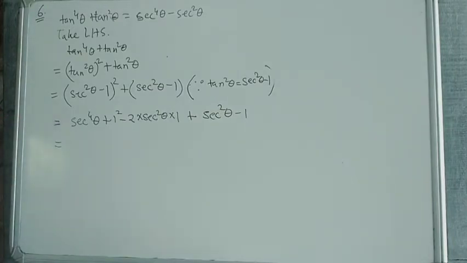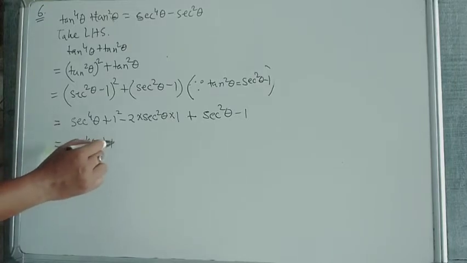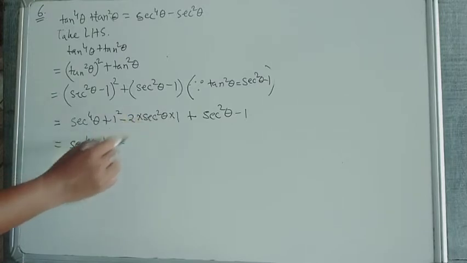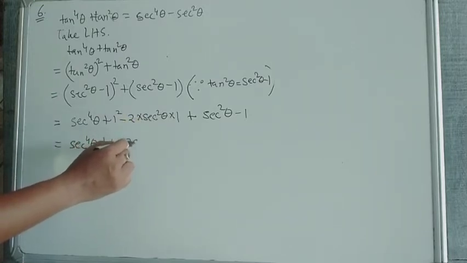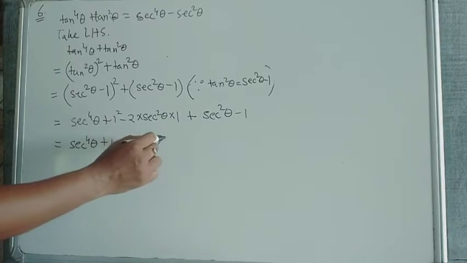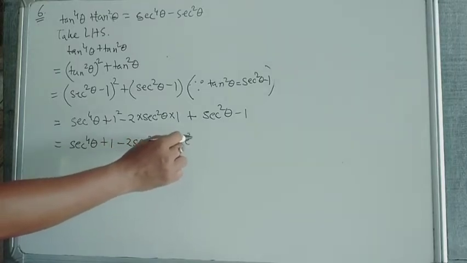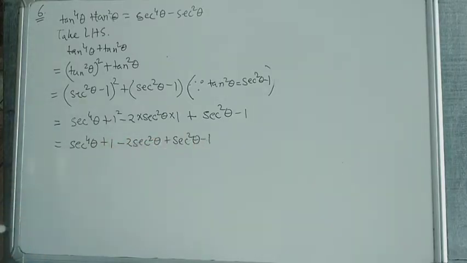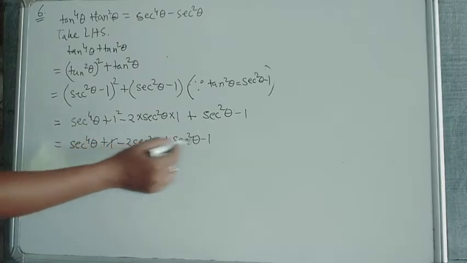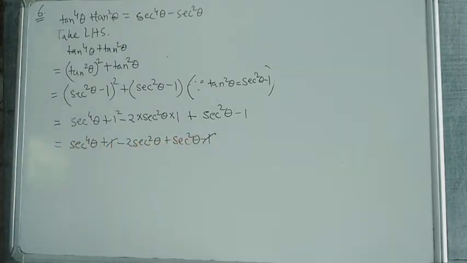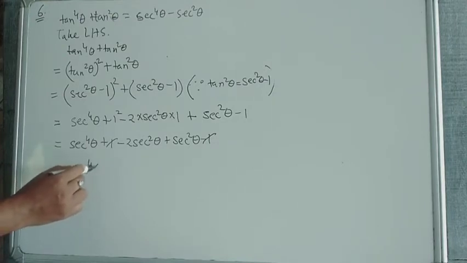Then sec 4 theta plus 1 minus 2 sec square theta plus sec square theta minus 1. Now this plus and this minus get cancelled, equal to sec 4 theta.